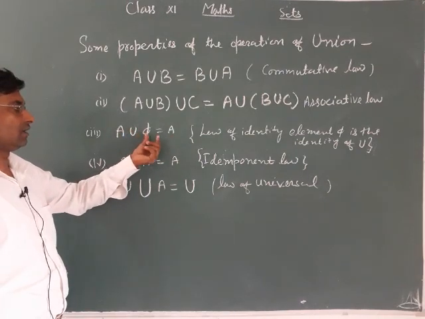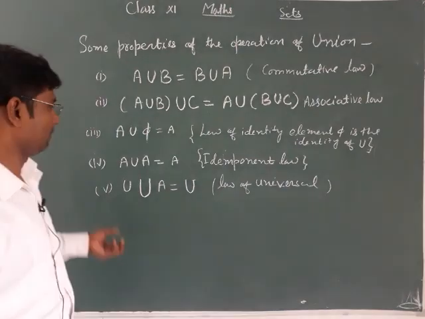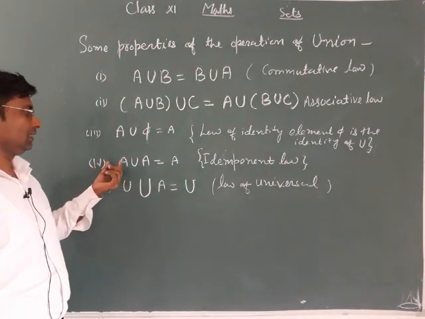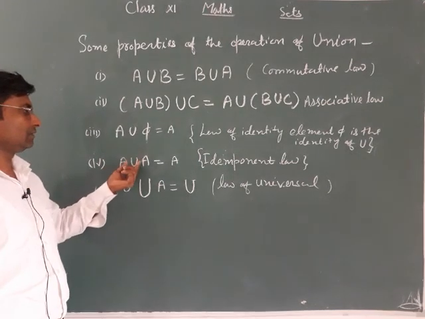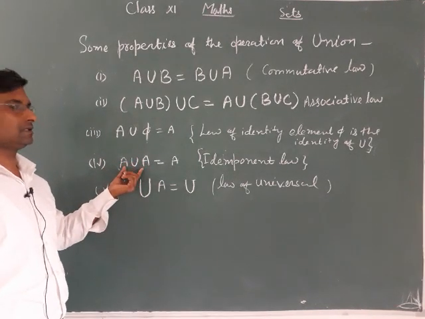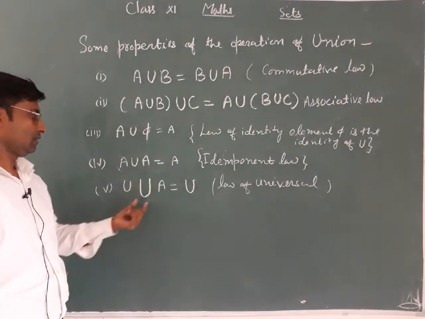A union phi is equal to A. This is the identity law. Fourth, A union A: all elements of set A and all elements of set A, taken only once, is A.